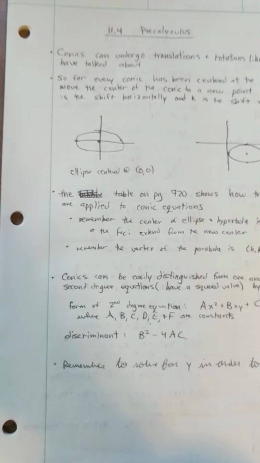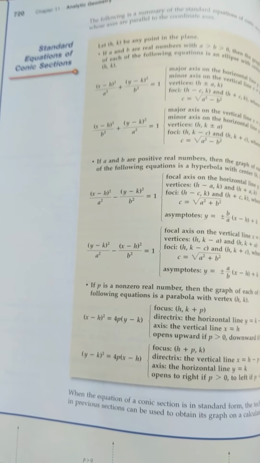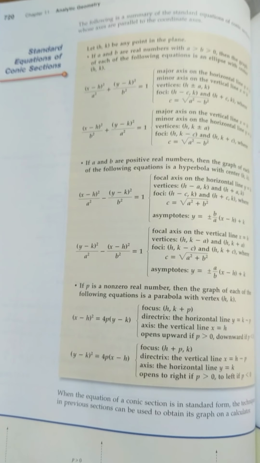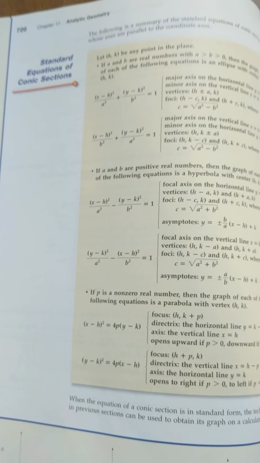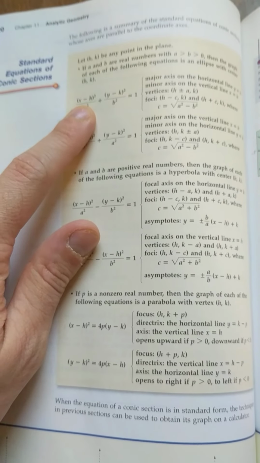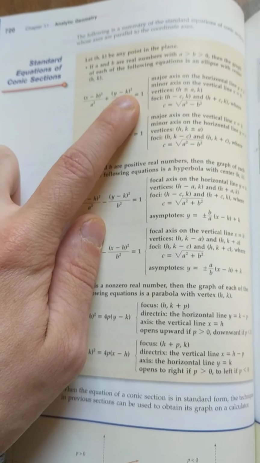All right? So if you look at the table on page 720 in your book right here, it's going to show you how the h and k transformations are applied to all of the conic equations that we've looked at so far. Notice that the h is always paired with the x, the k is always paired with the y.